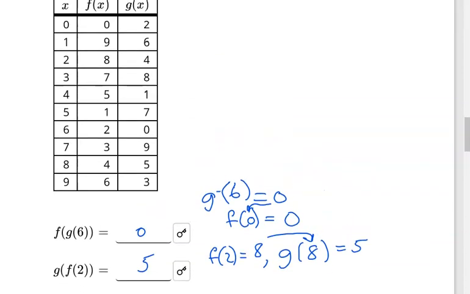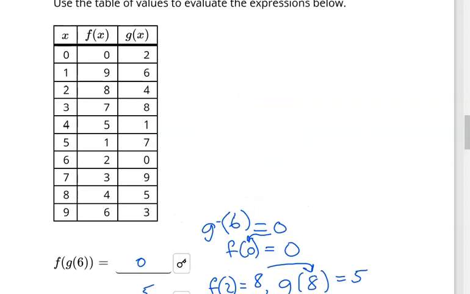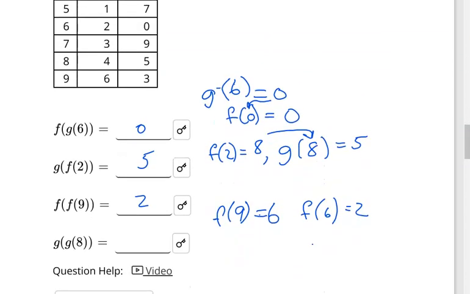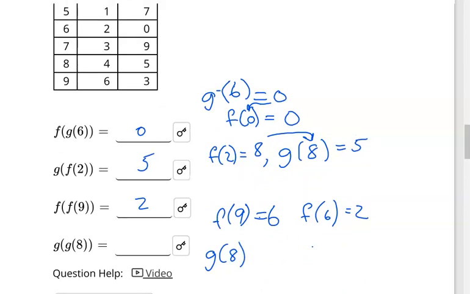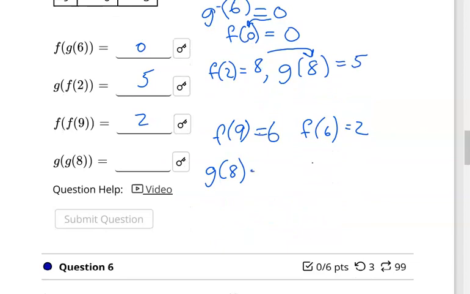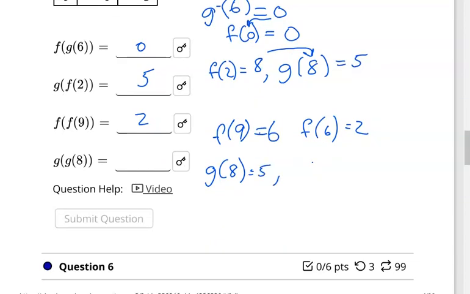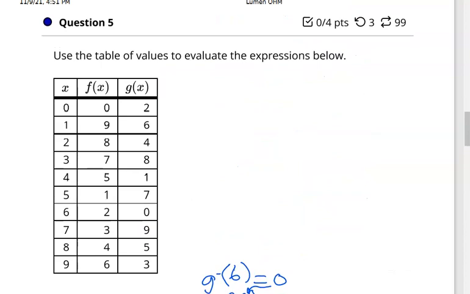And when I get a 6 coming in, I get a 2 for f of 6. g of g of 8, well, I'm looking for g of 8 first, and g of 8 gives me 5. So g of 8 is g of 5, gives me 5 in, I get a 7 out.